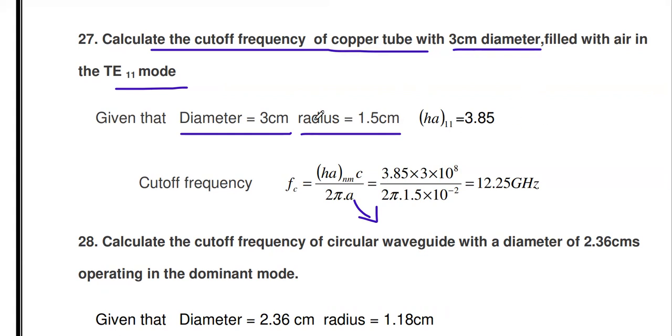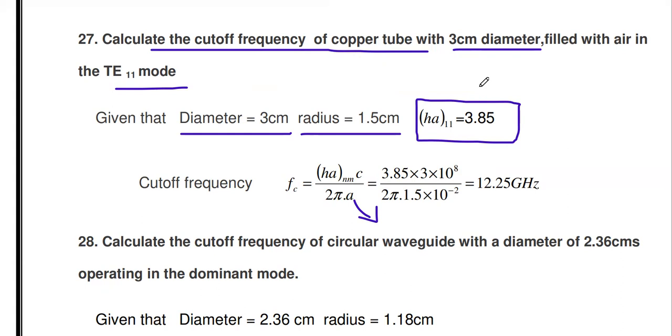Then in order to solve this cutoff frequency, what is the formula? h'nm c by 2 pi a, where nm depends upon the mode. Which mode? TE11 mode, so we use the constant h'11, which is 3.85. The h' value for different modes is already given in the table of important formulas to remember in the circular waveguide.